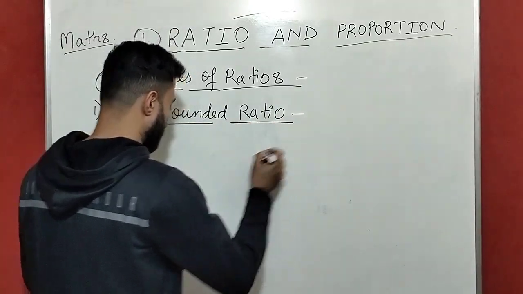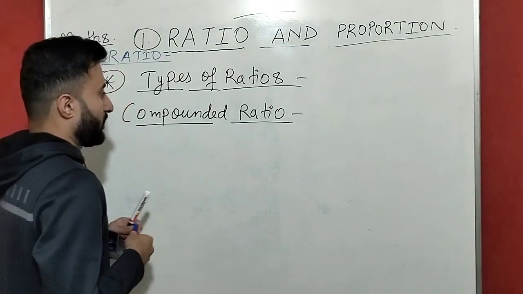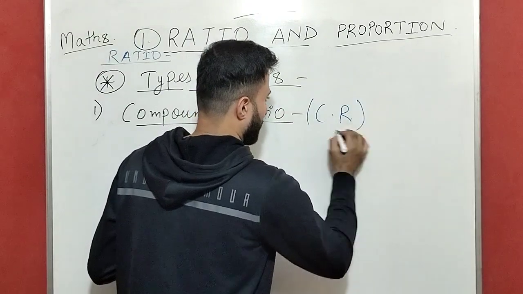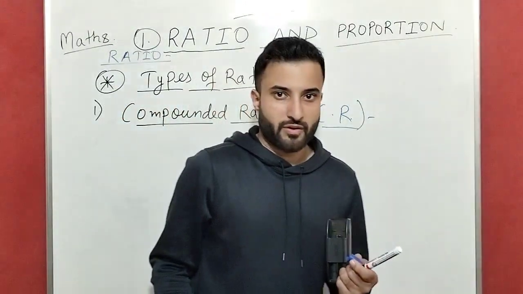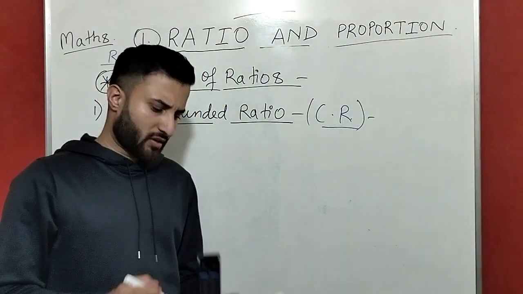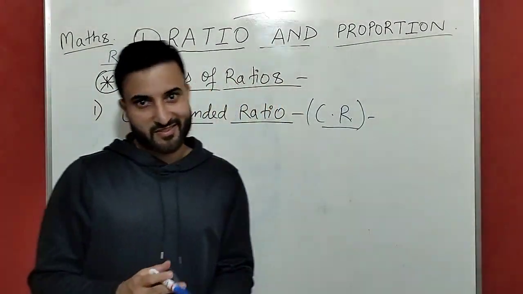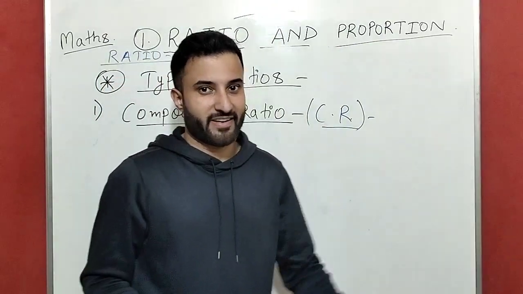See guys, compounded ratio we will denote by CR. This is not Cristiano Ronaldo. Whenever the word CR comes, we will think about Ronaldo. Oh, Ronaldo, CR7. No. CR is compounded ratio.